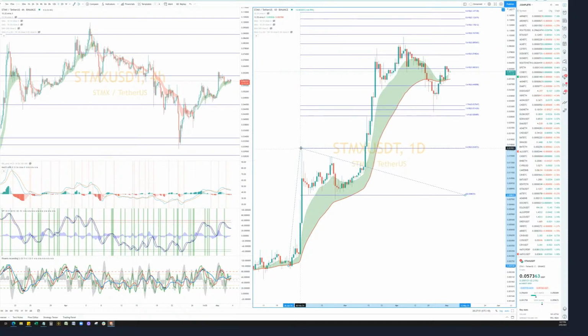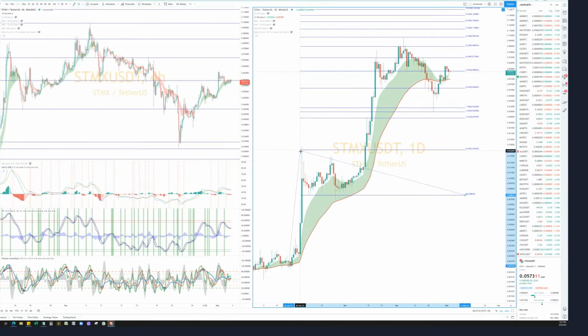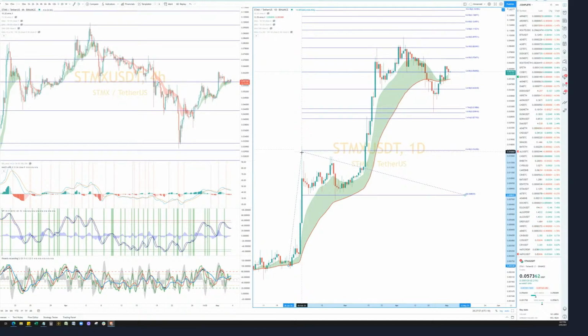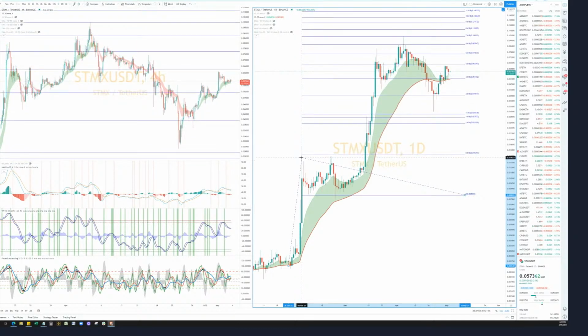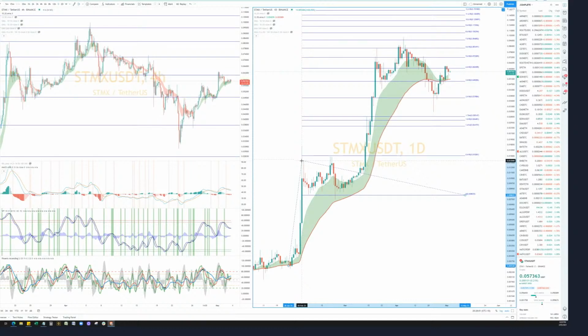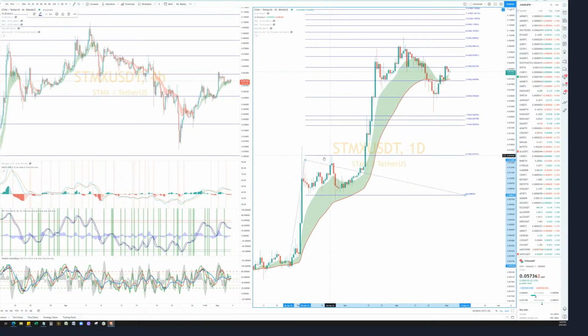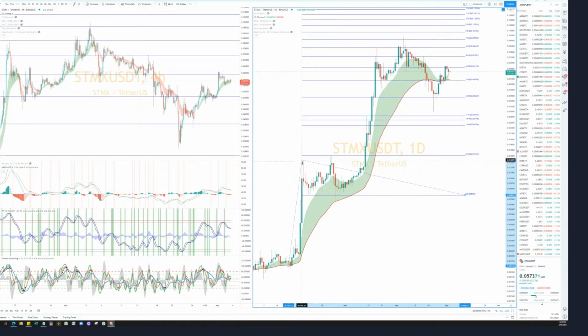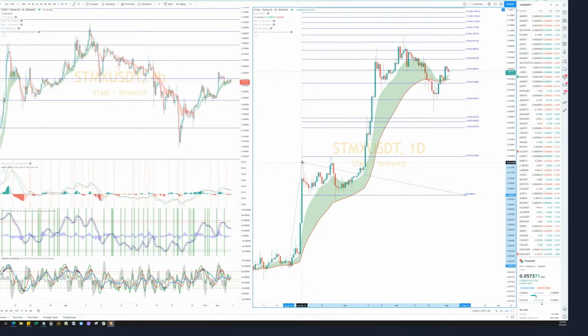Not everything makes sense with the wicks. Can we do that as the top? The previous wick here probably makes sense. Can't work it out.